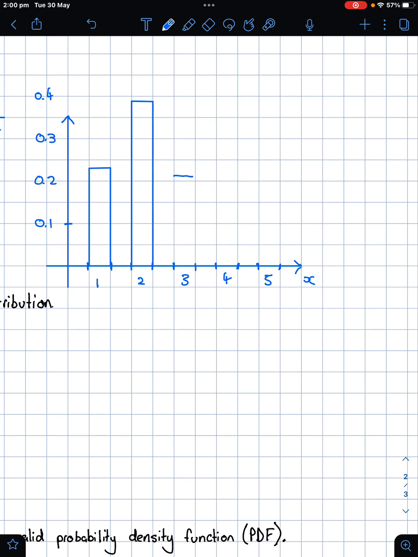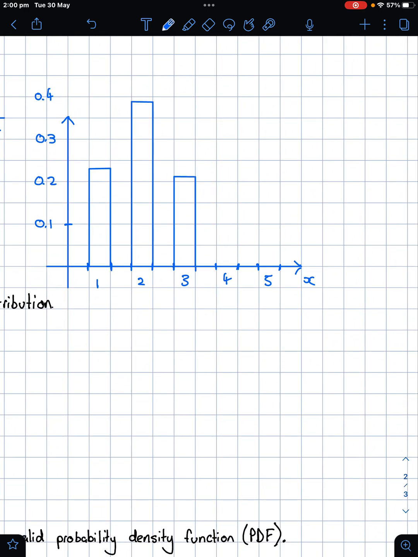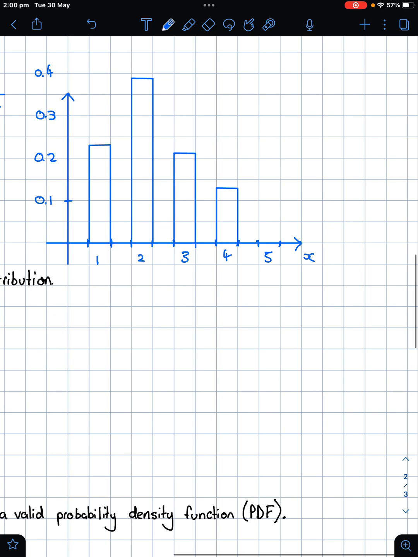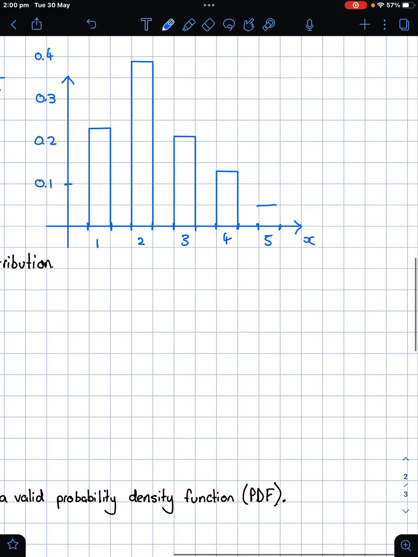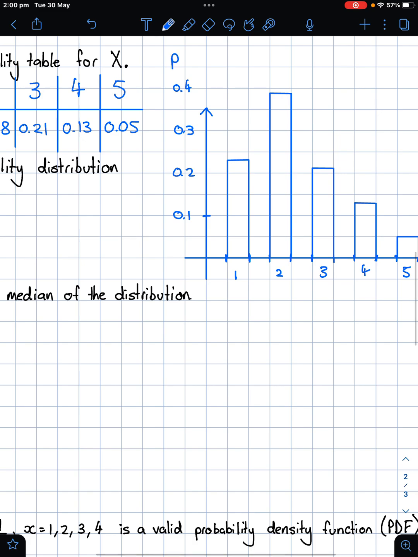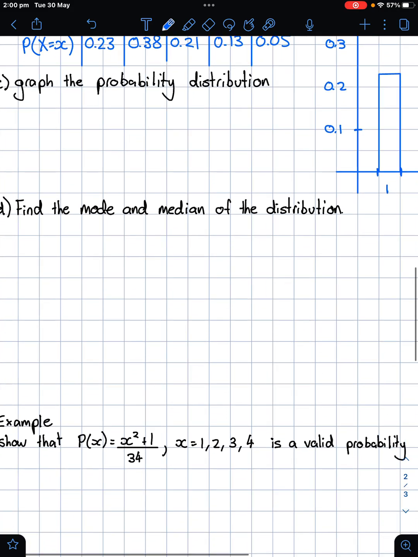The probability of 4 was 0.13, and the probability of 5 was 0.05, so got that there. Sweet, that's the graph done, all labelled. I need to label this axis probability. And then the final bit here, find the mode and the median of this distribution.